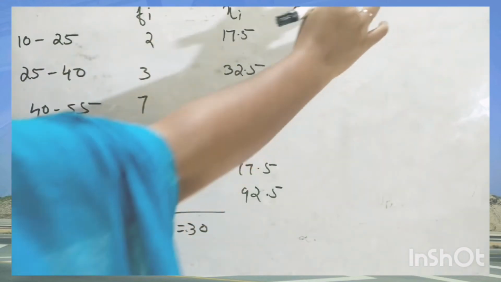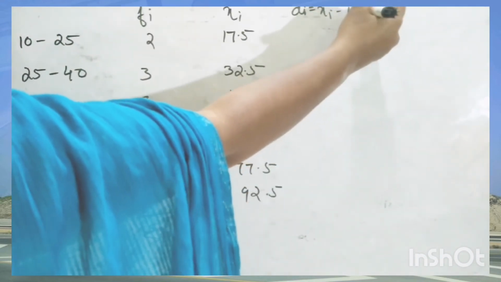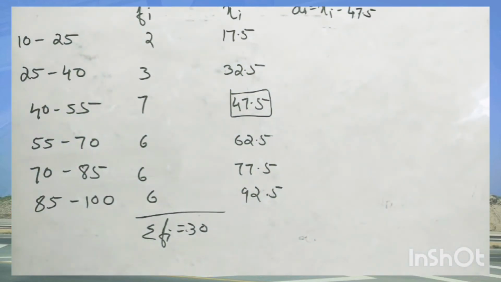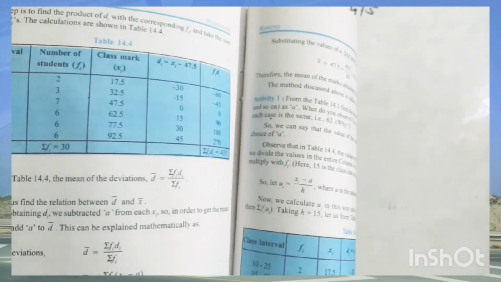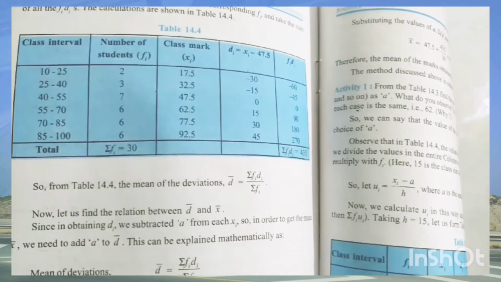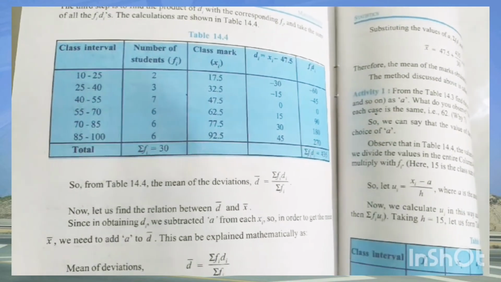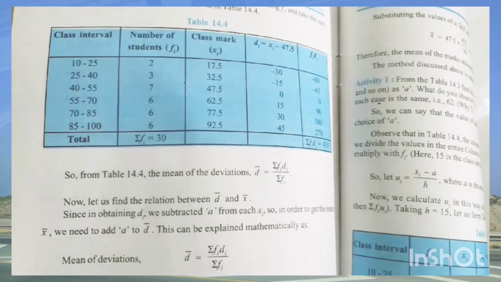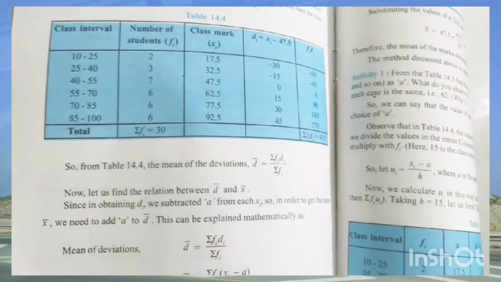So here we will have xi minus 47.5, and that column we will get as follows. This is our table, and if a is equal to 47.5, we will get di is equal to minus 30, minus 15, 0, 15, 30, 45.